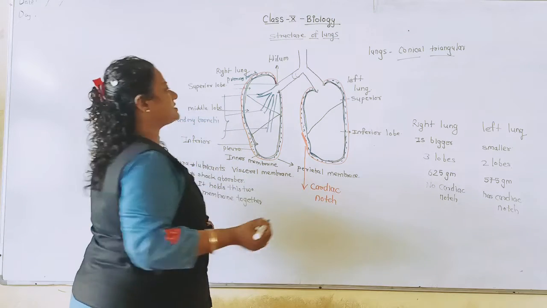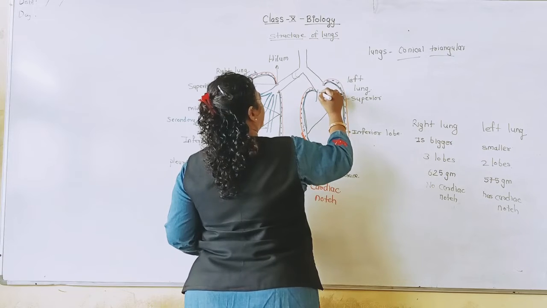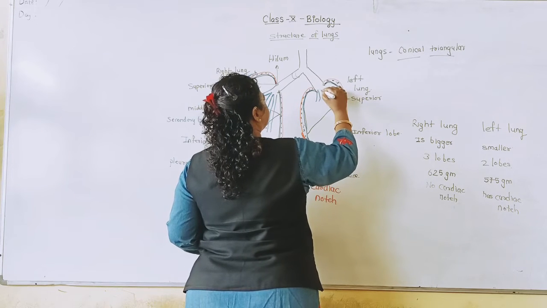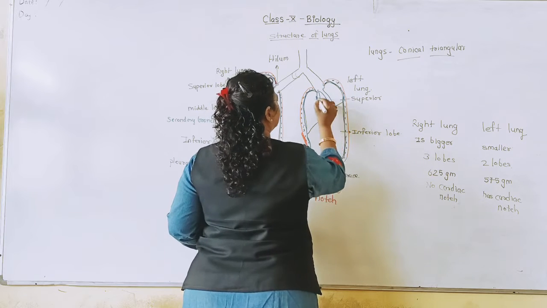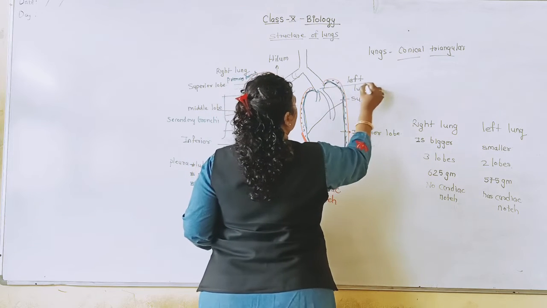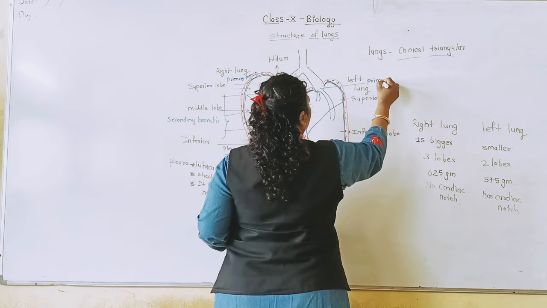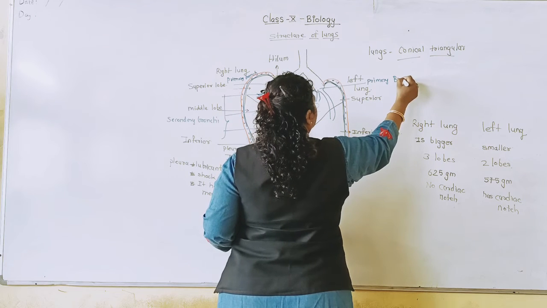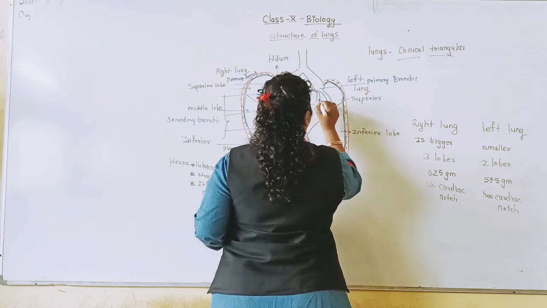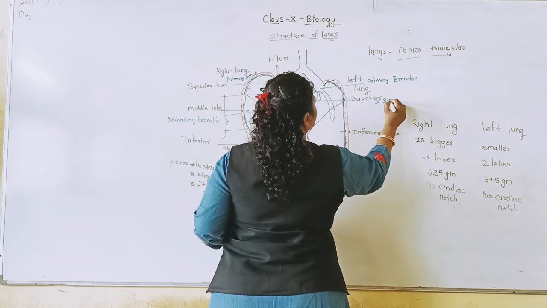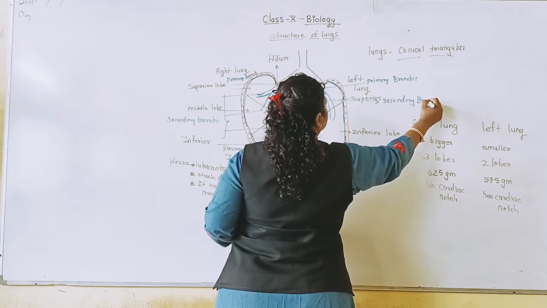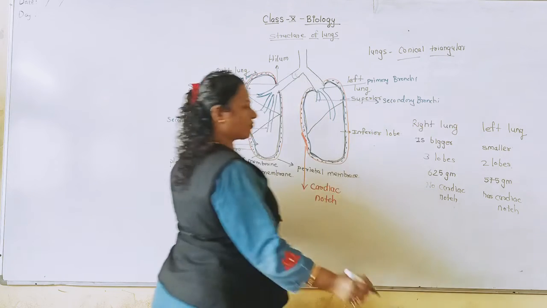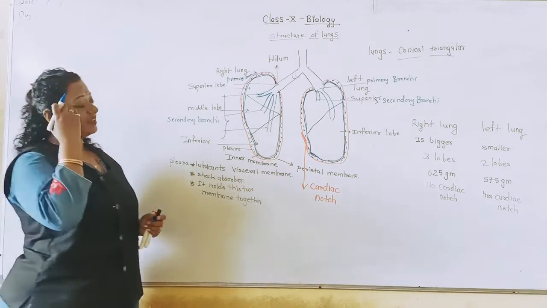Okay. On this side if you see, this is the primary bronchi, and these two are secondary bronchi, or bronchus also we can say.